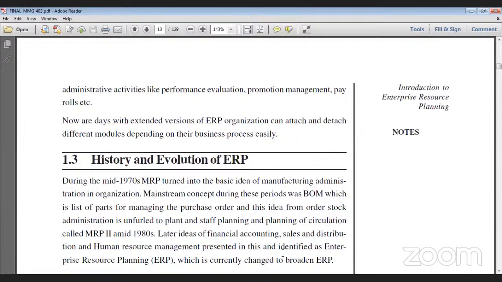The third point is the history and evolution of ERP. During the middle of the 1970s, MRP became the basic concept of manufacturing administration in organizations. The mainstream concept during this period was the BOM, the bill of materials, which is the list of parts, managing the purchase order and its concept of order stock administration, which was extended to plant and staff planning and planning of distribution, called MRP second, in the midst of 1980.